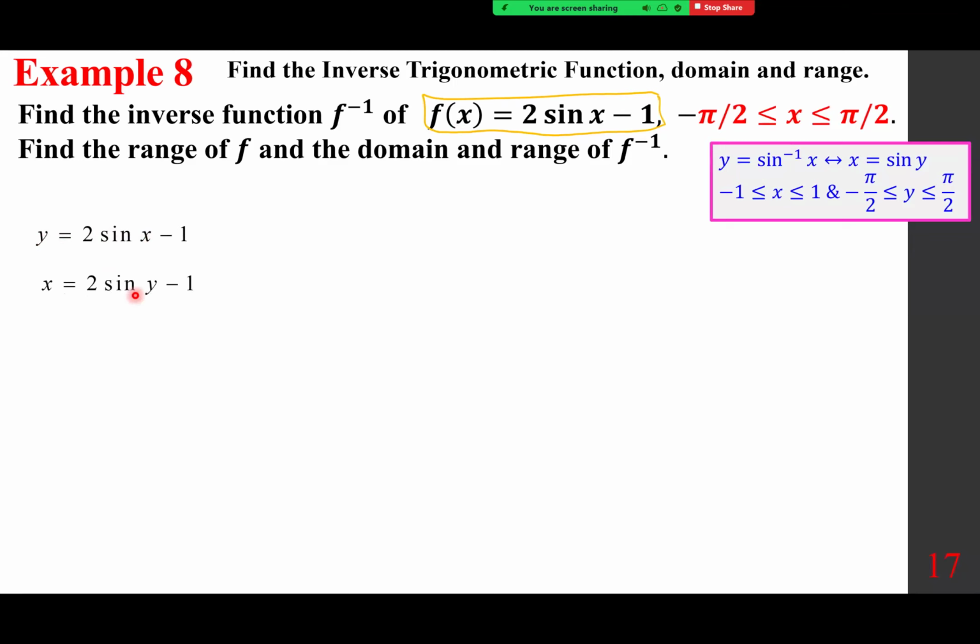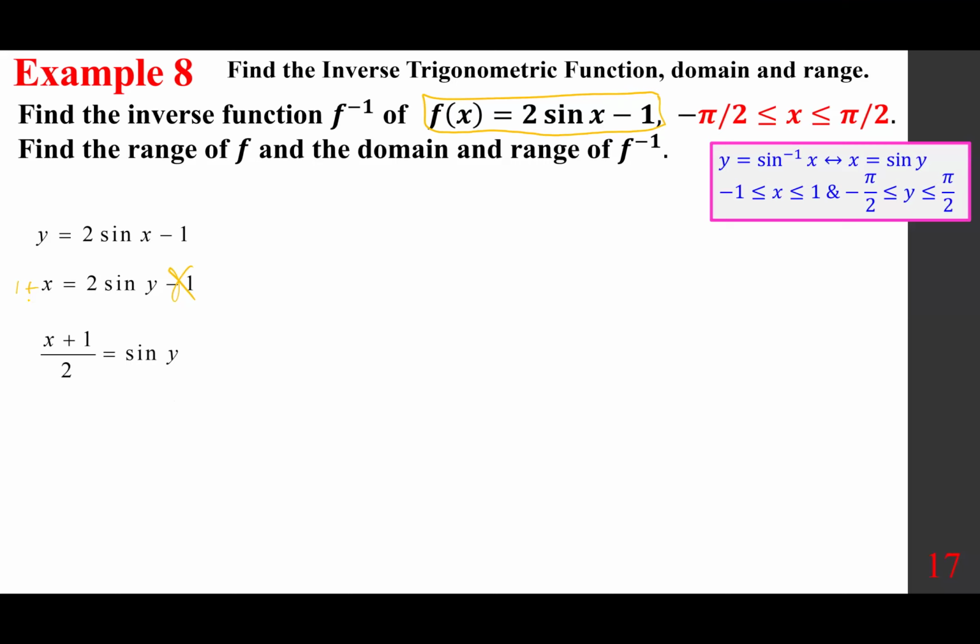So we move the negative 1 and we divide by 2. We move the negative 1, becomes positive 1 on the left. We divide both sides by 2, and x plus 1 over 2 becomes sine y.